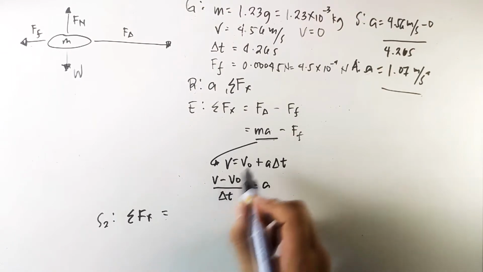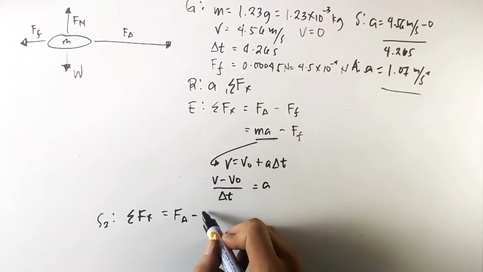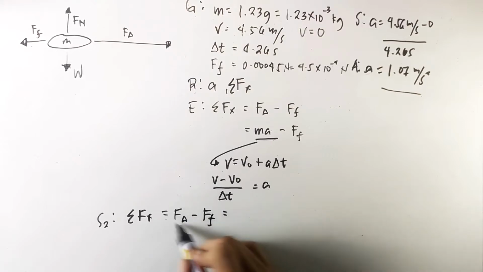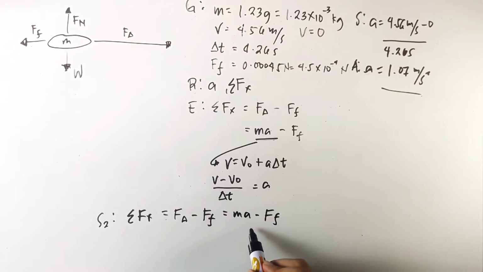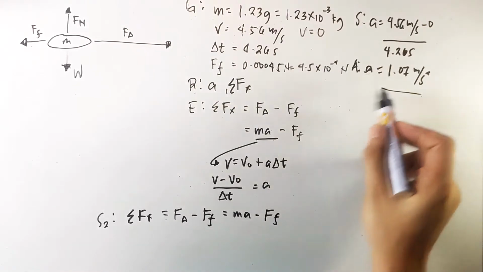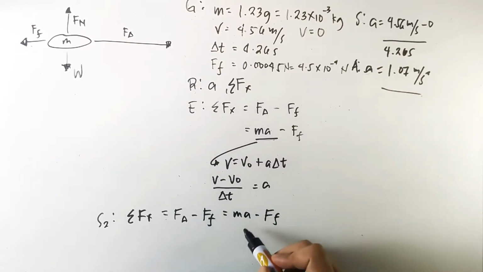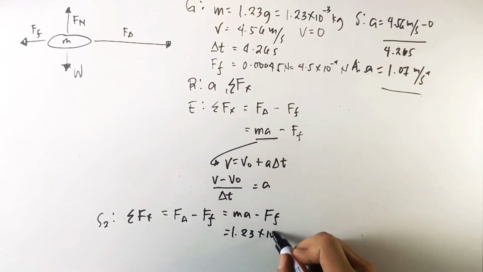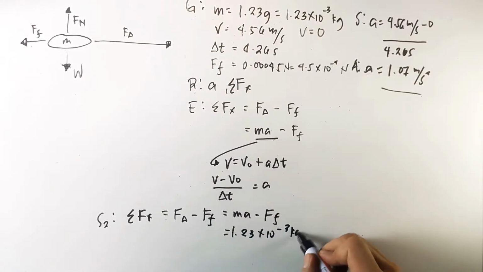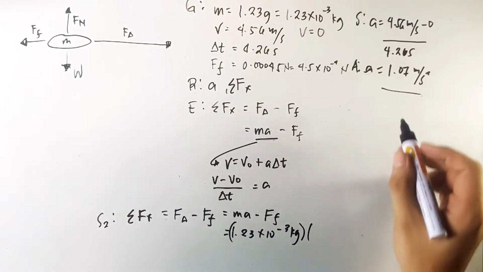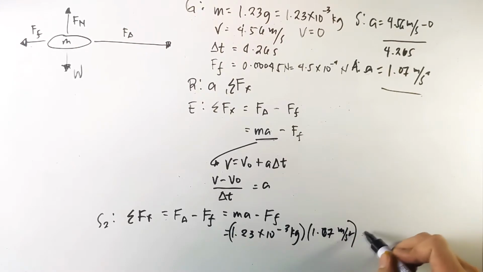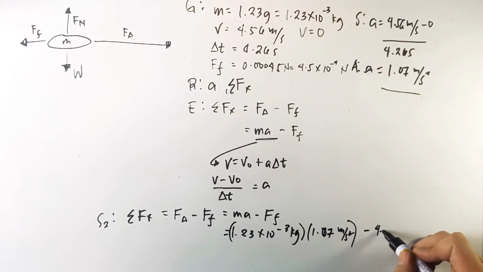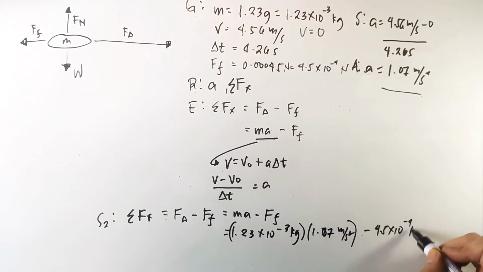So this will be applied force minus friction force, which is equal to m a minus, of course, the friction force. We already know these, so these will be the values that we obtained earlier. So we have mass, which is 1.23 times 10 raised to negative 3 kilograms, multiplied by the acceleration, 1.07 meters per second squared, minus, of course, 4.5 times 10 raised to negative 4 newtons.